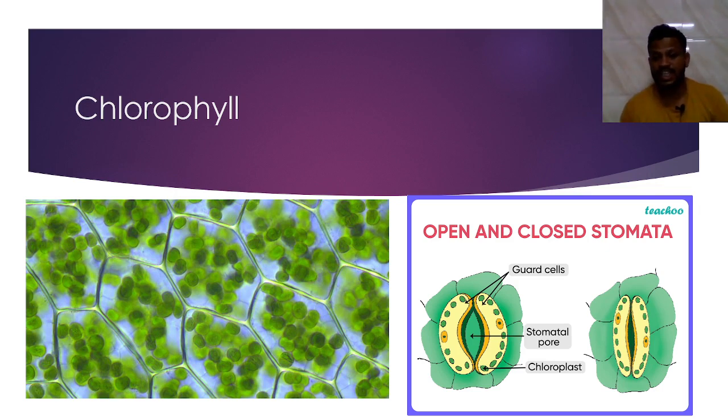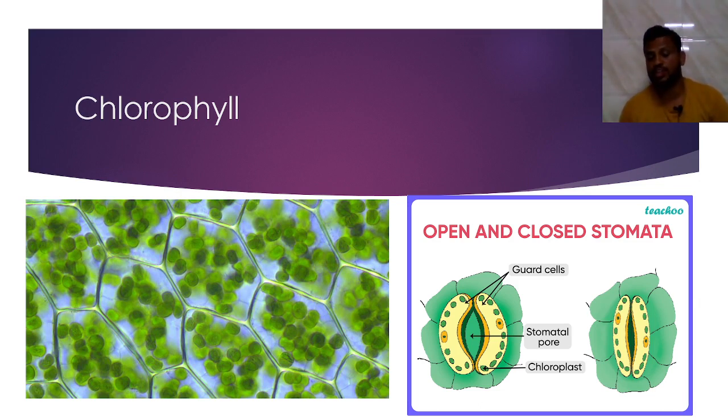In the middle, we see the stomatal pore. From the stomatal pore, the leaves absorb carbon dioxide. We can say that the leaves exchange the gases. And another part of the stomata is the chloroplast.